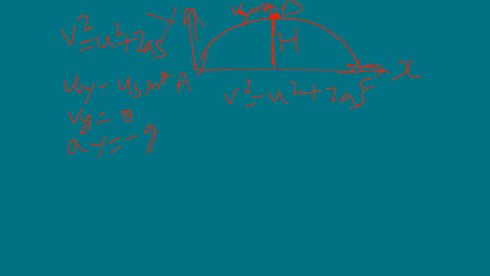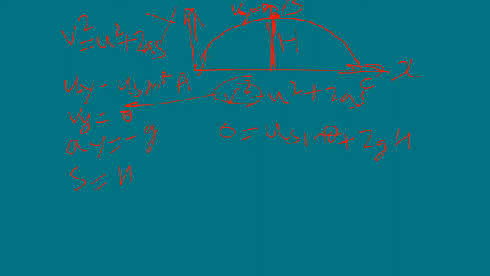Here v square means v along the y direction, which is 0. So we can write 0 equals u sin theta whole square plus 2 times minus g times s, and s equals h, this displacement. So we can write it as minus 2gh.